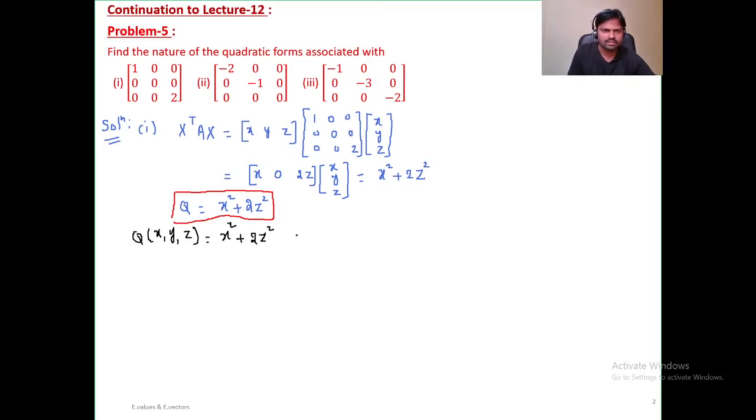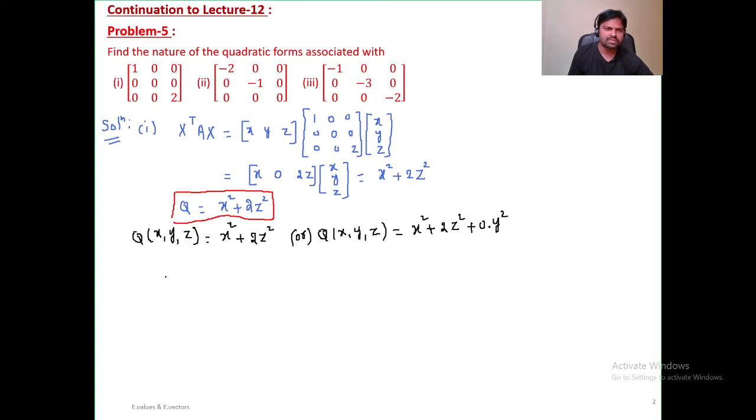Or this quadratic form you can write like this also, Q of x comma y comma z is equal to x square plus twice z square plus 0 into y square, because look at the matrix, the diagonal entries you look at, 1, 0, 2. So 0 is the y square coefficient, that's why 0 into y square. 0 into y square is 0 only, no need to write, but we are giving the sign to this quadratic form, that's why I am writing 0 into y square.